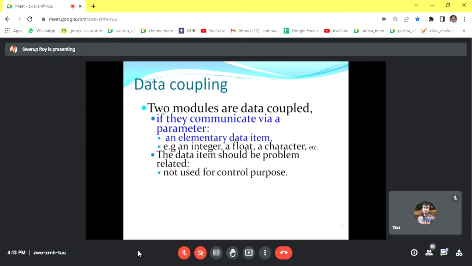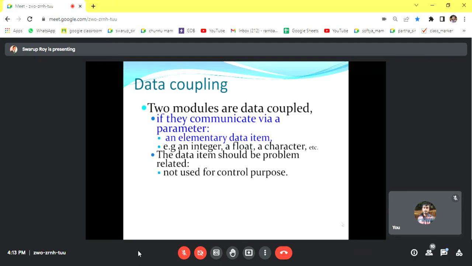Say function 1 in module 1 and function 5 in module 2 are using the same parameter. Then they are called data coupled, depending on a common data between these two modules.